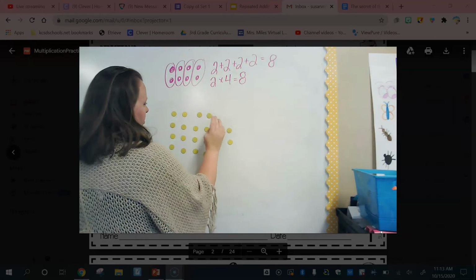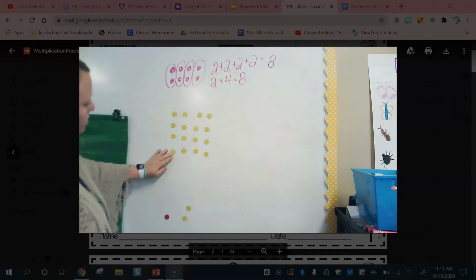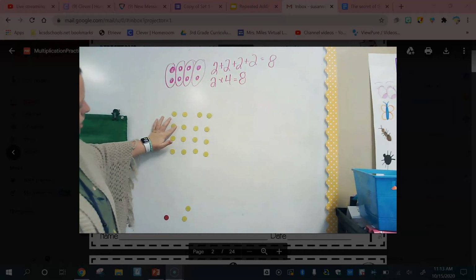All right, so I'm showing you an array right here. It's not super straight, but it'll do.